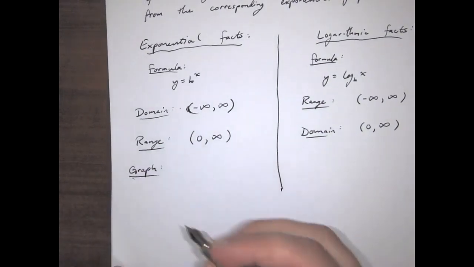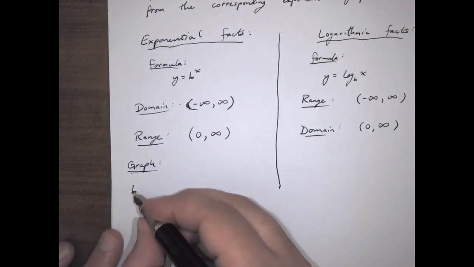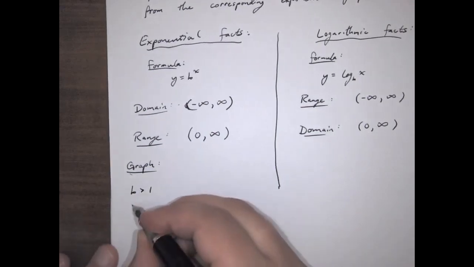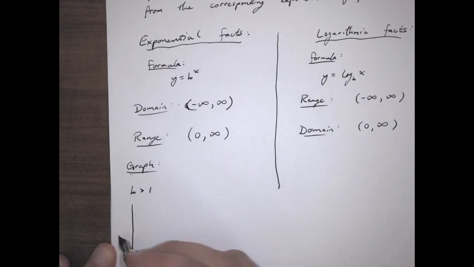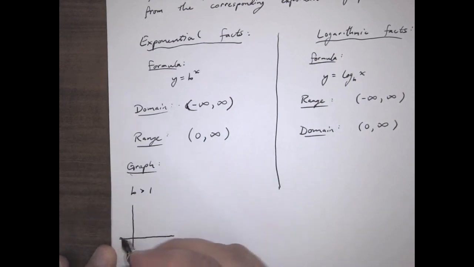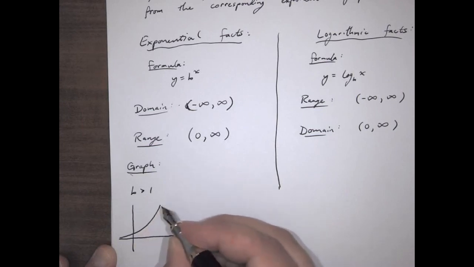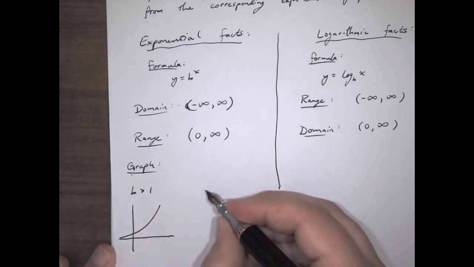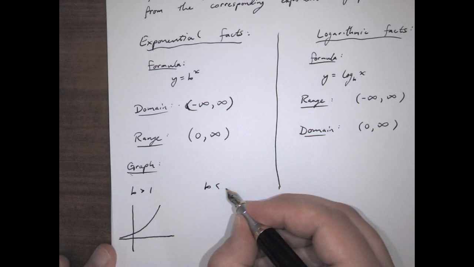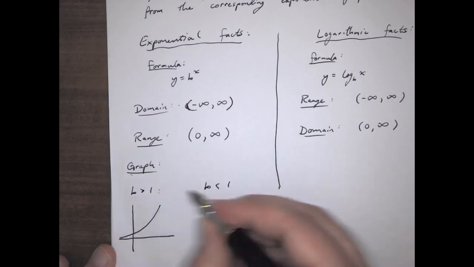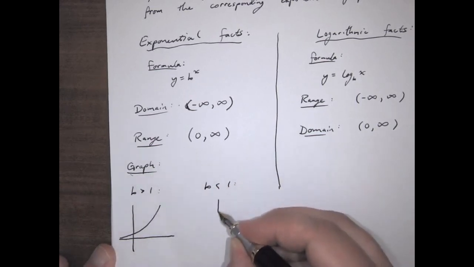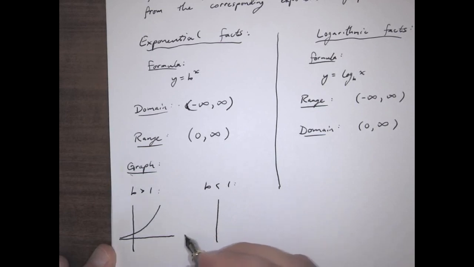Now the graphs can come in two flavors. One is if b is greater than 1. It's what most people think of when they think of exponential functions, and that is exponential growth. Or b less than 1, which is the same story but in reverse.